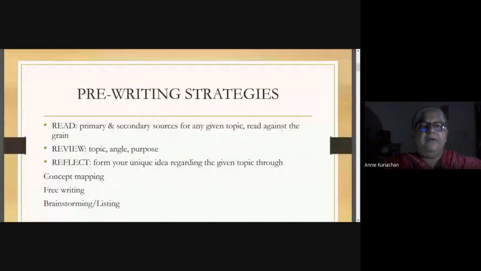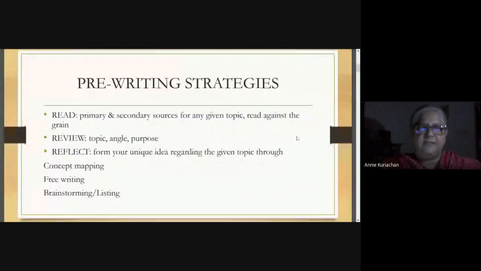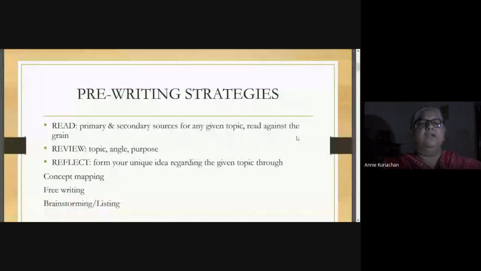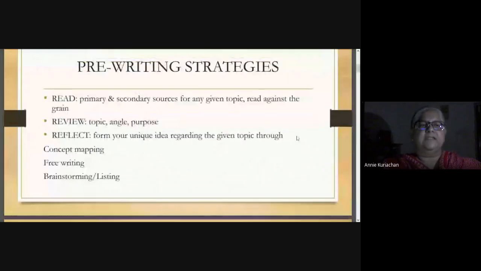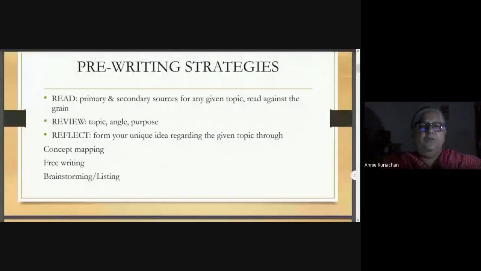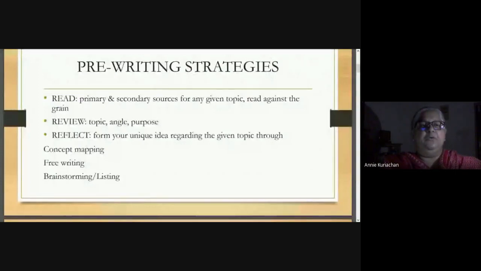So I told you about reading primary and secondary sources, reading in favor of the topic and going against the grain of the topic. What is important in the reading is that there should be a constant process of reviewing, and we need to understand that new topics are very rare. So what is new about research, or what is new about the topic that you would like to talk about?